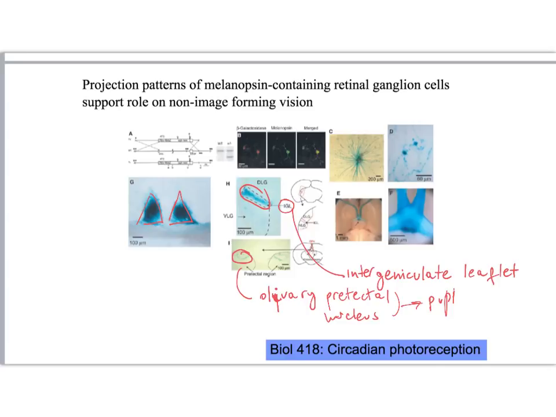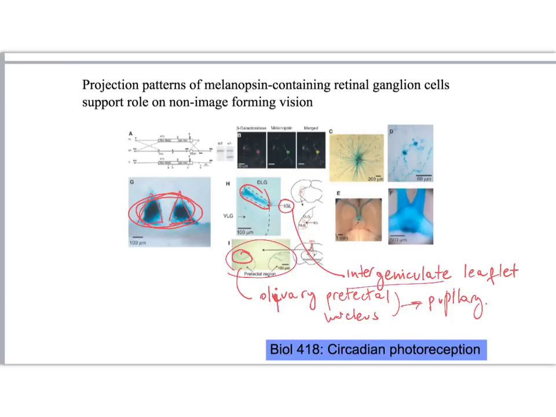So here you can see that melanopsin cells reach all the centers that are critical for circadian entrainment and melatonin inhibition, because we also said that in order to inhibit melatonin, you channel that information through the SCN. Of course, for circadian entrainment, these are the projections to the SCN also, and then to the olivary pretectal nucleus for pupillary reflex.